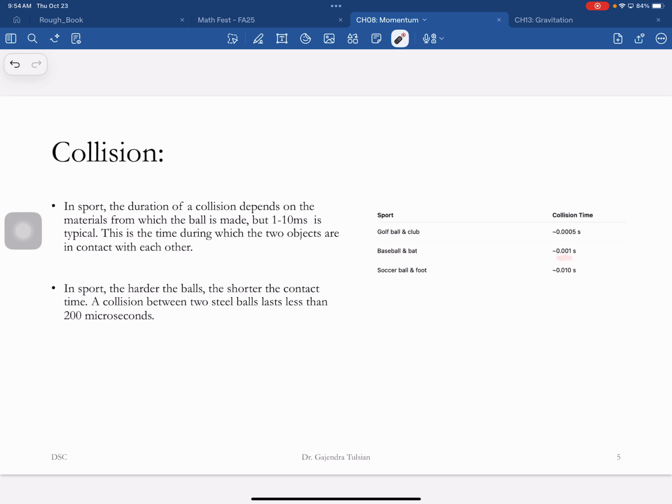Soccer ball, it's 10 milliseconds, since a soccer ball is much softer. When two steel balls collide, the collision is 0.2 milliseconds, or 200 microseconds. Again, the harder the objects, the shorter the collision time.